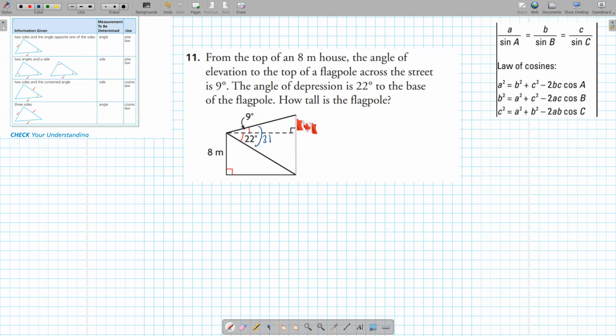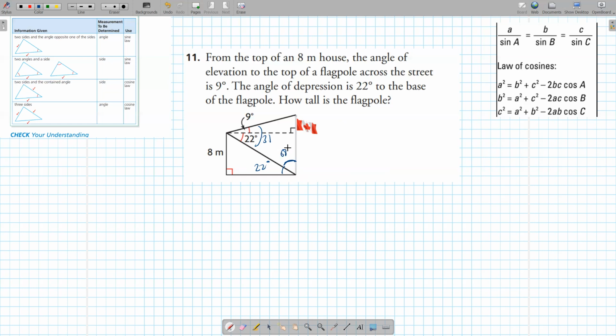Could you use the Z rule for the 22 degrees? Yeah, so which would be 22? The second corner down here? That's correct. Now what? If that's 22, what's the angle here? 68.